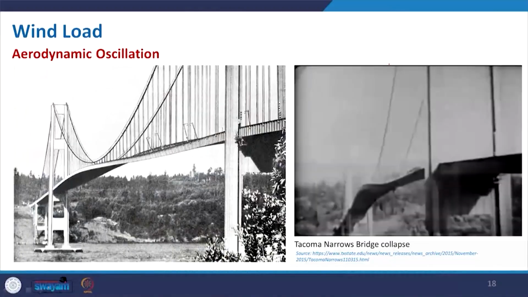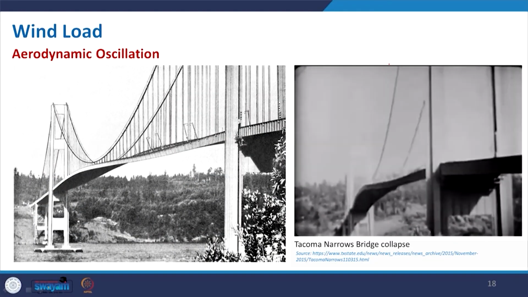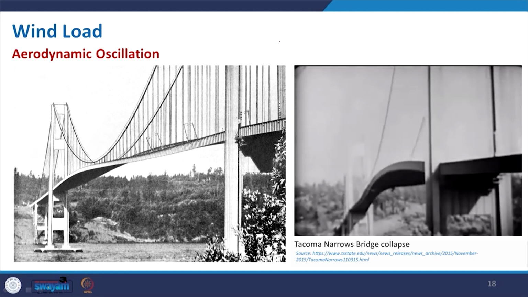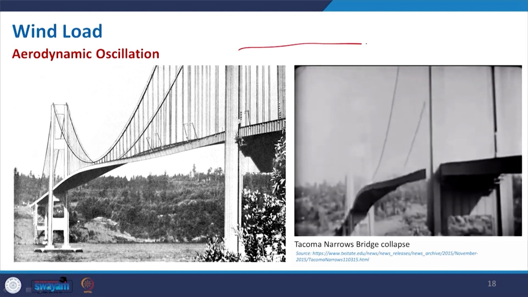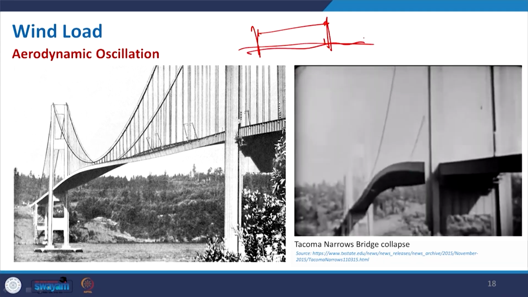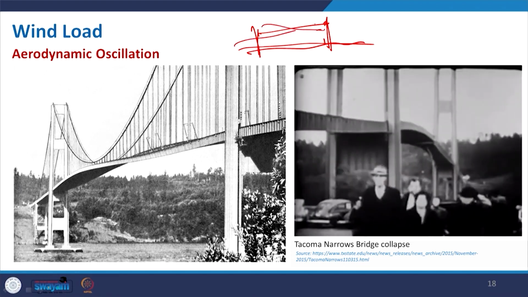This is one example of wind load, and that actually collapsed, the Tacoma Narrows Bridge in 1940. So, what happened exactly? When you have this particular bridge over a span where wind is predominant, it will create pressure.